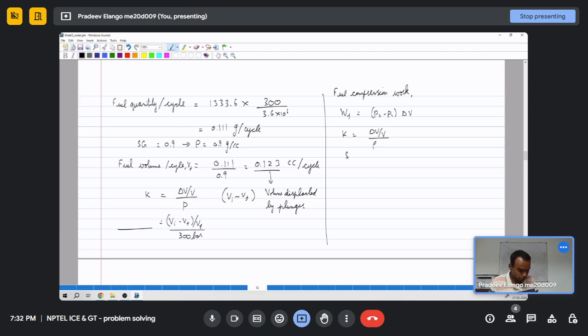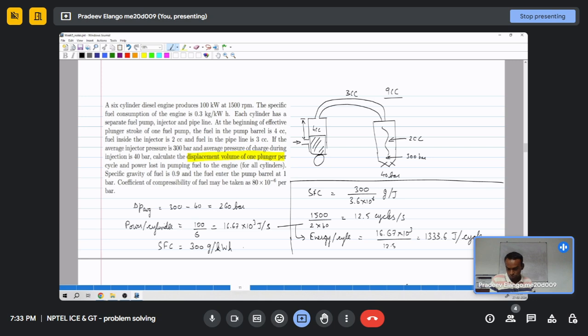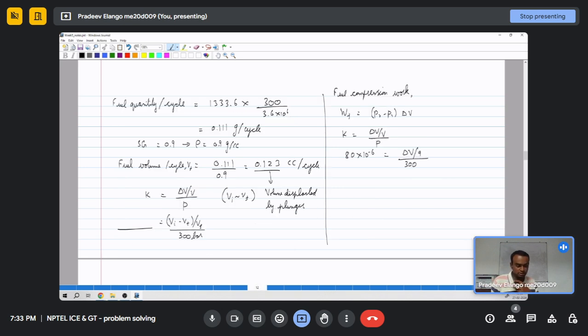So then we have K, 18 into 10 power minus 6, is equal to delta V by 9 divided by the pressure, that is 300 bar. This is given in per bar, so on the right hand side we can have it in bar itself. So delta V is equal to 18 into 10 power minus 6 into 300 into 9.